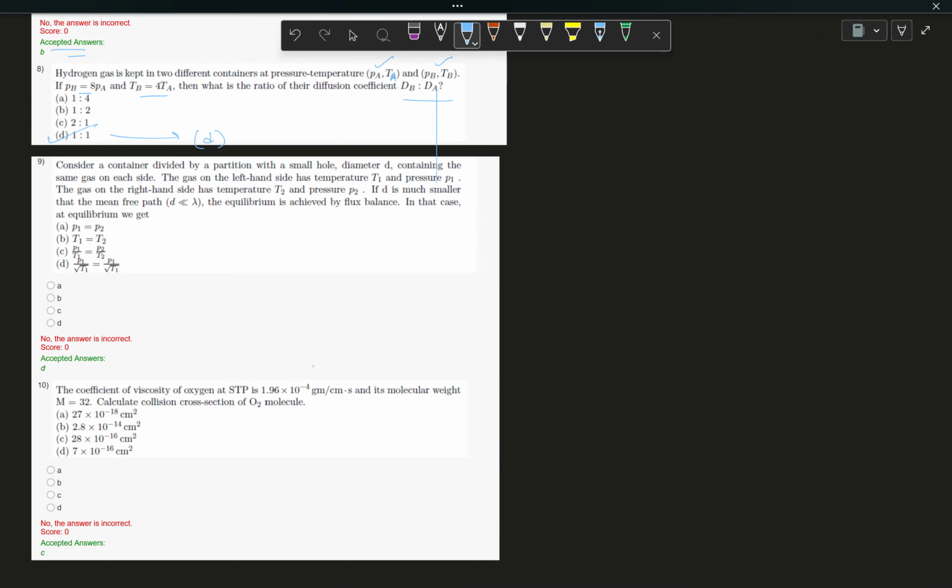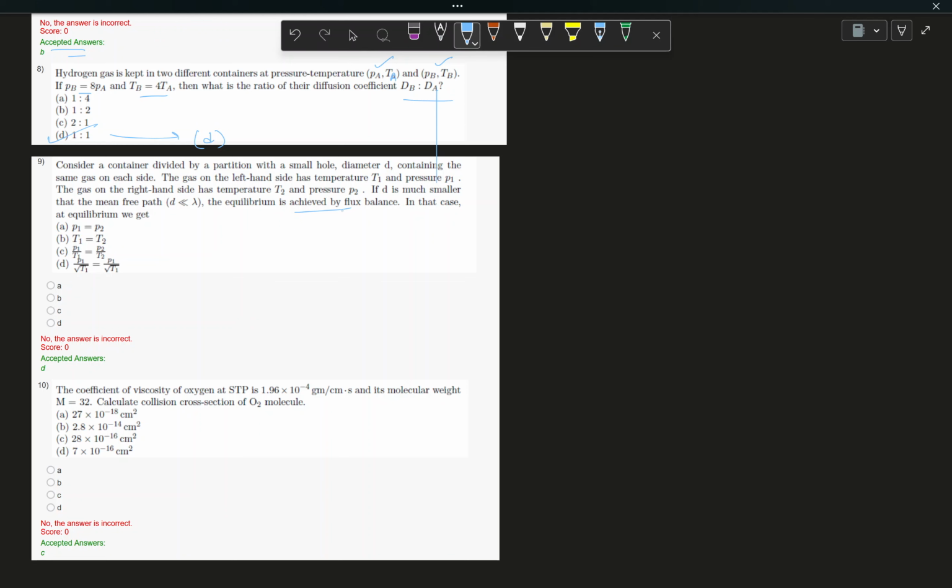Okay, so as I was saying, even if it is not explicitly mentioned sometimes, you have to understand from the type of the problem that the only possibility in this case is flux balance. Sorry, there can be other possibilities as well, like temperature exchange and so on. But in this case, they are explicitly mentioning that the equilibrium is achieved by flux balance only.